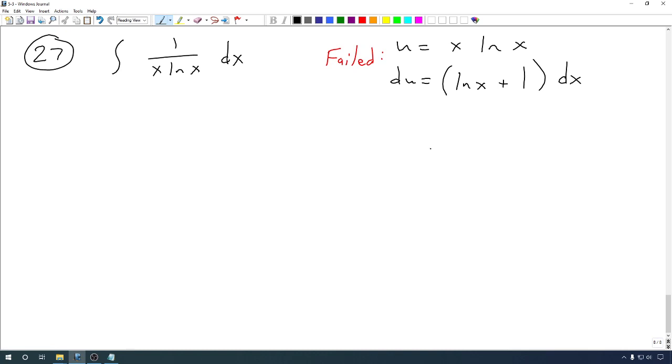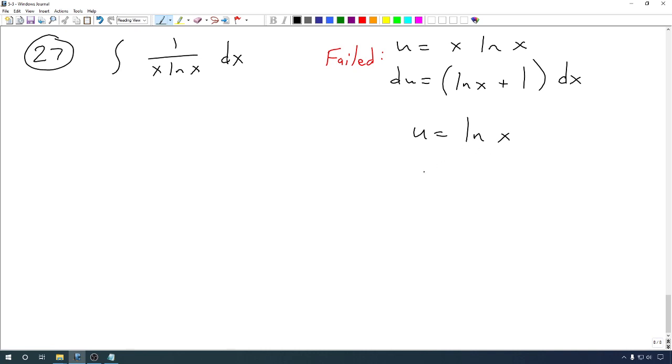We could try something else instead. And this is something you might have to try out and see what happens. But there's not too many possibilities here, so eventually, without taking too much time, we'll stumble upon one that works. Just let u equal the natural logarithm of x, without the x in front.